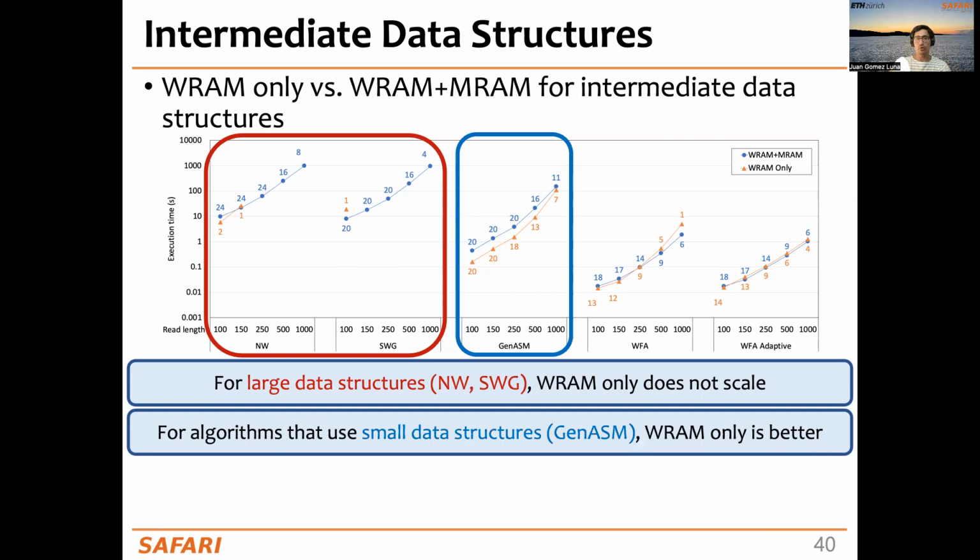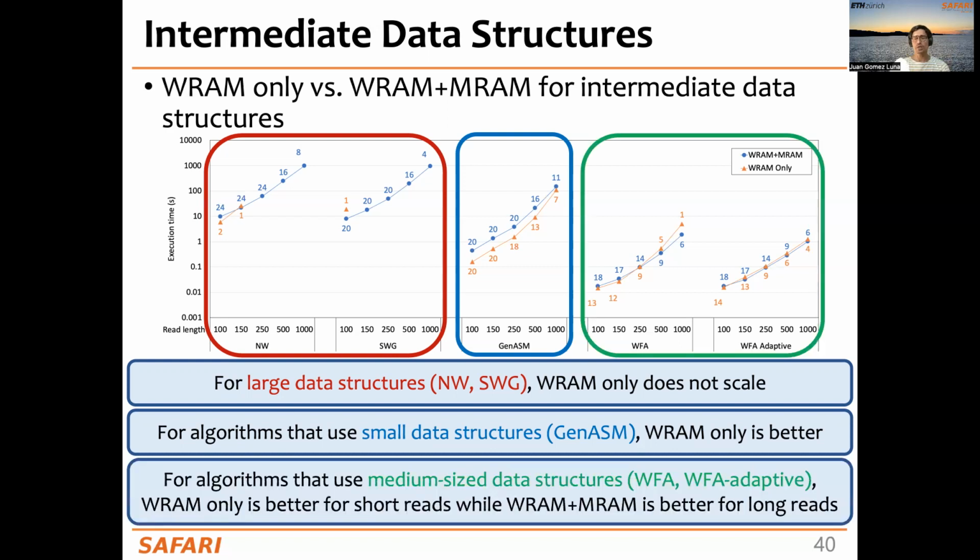Then we observed that for algorithms with small data structures, that's the case of GenASM, WRAM only is better because the data structure is pretty small. We can continue using the WRAM only approach even for relatively long reads up to 1,000. And in this case, we see the best performance for the WRAM only version.